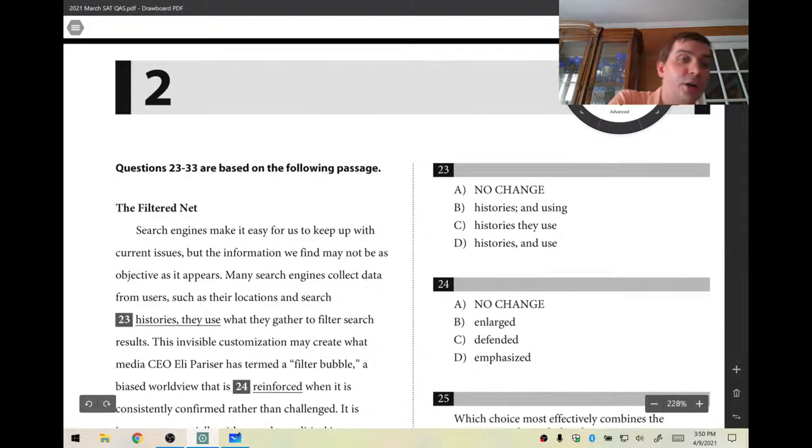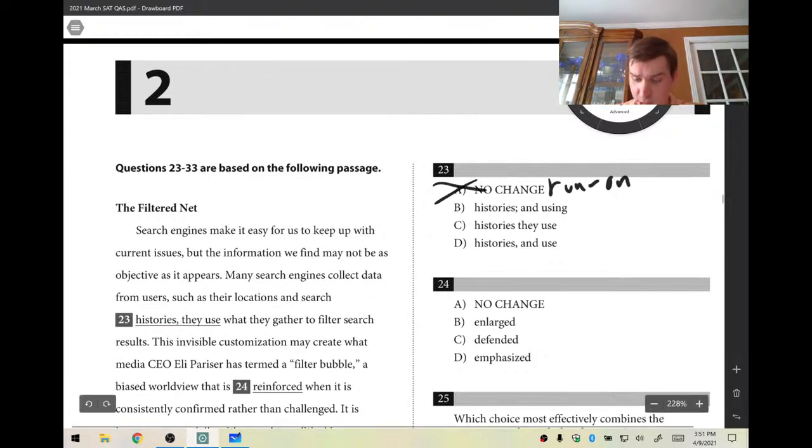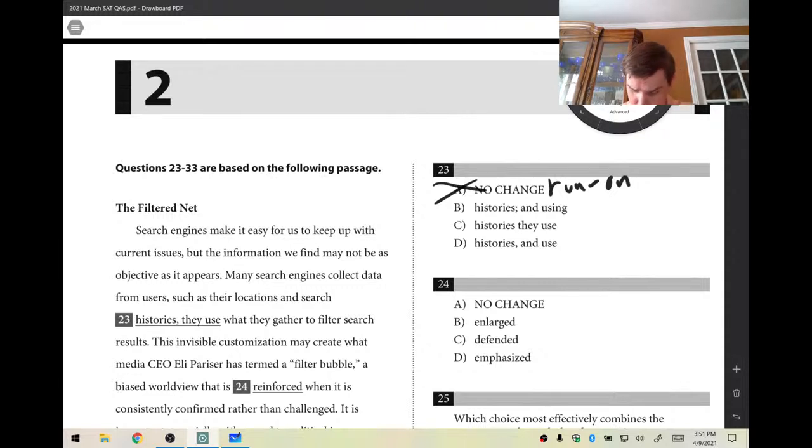So even though we put a comma here, it's still a run-on. Now it's just a comma splice run-on, but it's still a run-on. Commas are not strong enough to join two independent clauses. They just can't do it. They're not powerful enough.